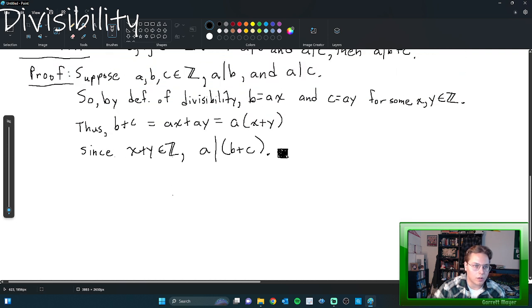Let's do another one. This one's going to be a pretty similar looking proof, but we're going to do it with subtraction, just to get the feel for how these sort of divisibility proofs work. Theorem 1.2 is let A, B, and C all be integers.